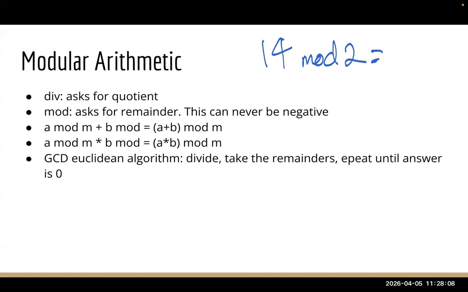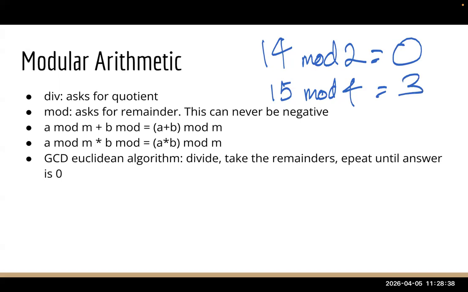So 14 mod 2 is just going to be 0. Now let's say again we write the example of 15 mod 4. What is the remainder that is left when we divide 15 by 4? The closest number divisible is 12. Since we never want mod to be negative, we won't consider 16. So the closest number is 12. And what's 15 minus 12? It's 3. So 15 mod 4 is equivalent to 3.